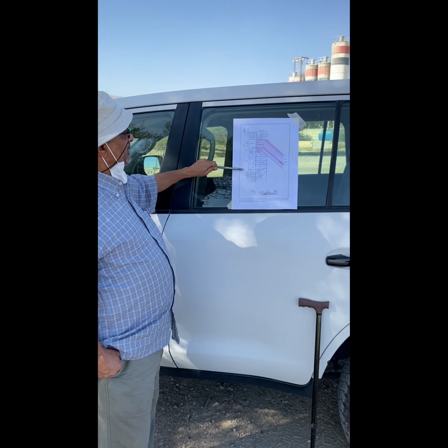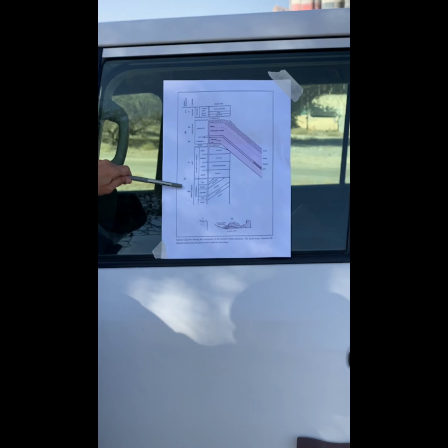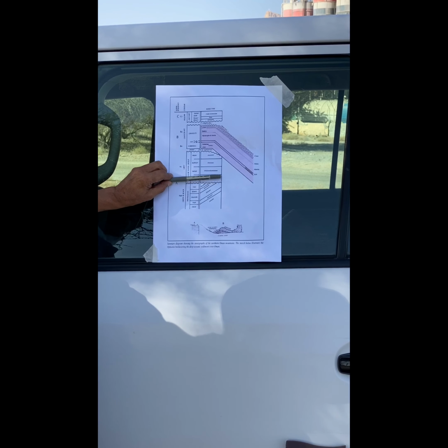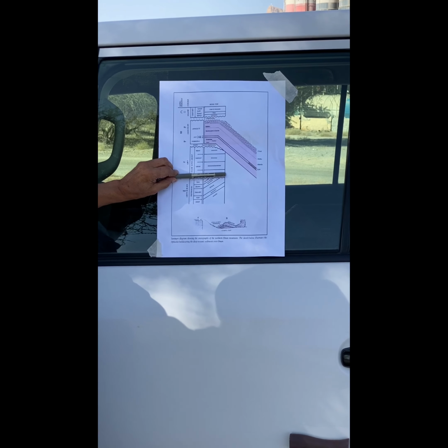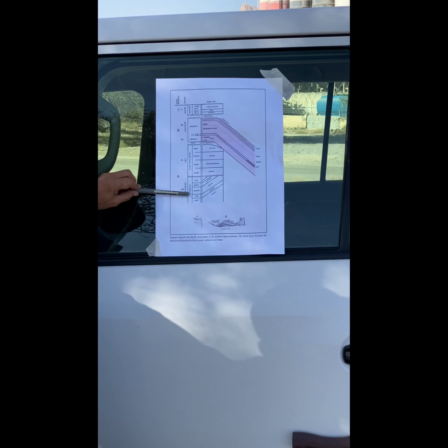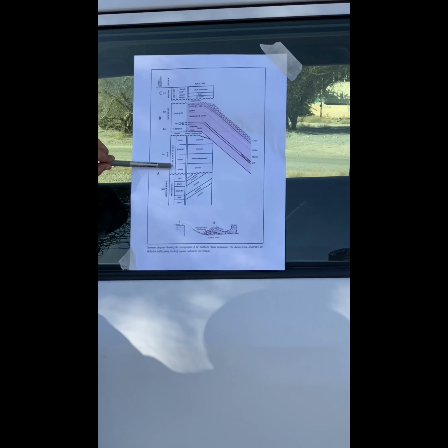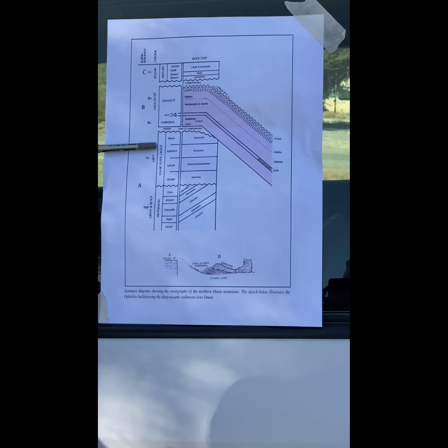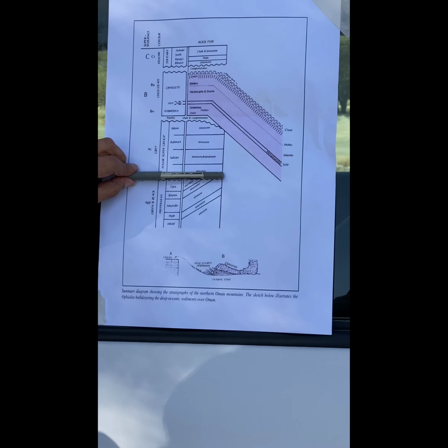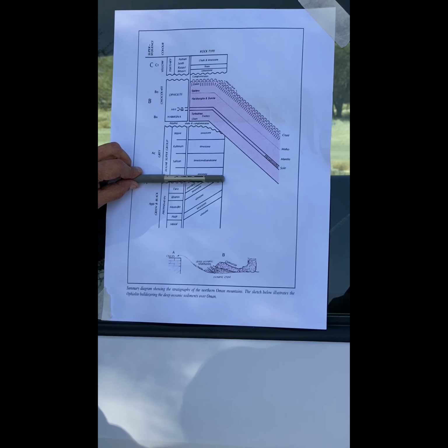Then if you look here, as a continuation of supergroup A, there is an angular unconformity, very clear and very nice, that separates the lower pre-Permian rocks from what we call the Hajar supergroup rocks. This angular unconformity is well recorded in Wadi Bani Kharous.